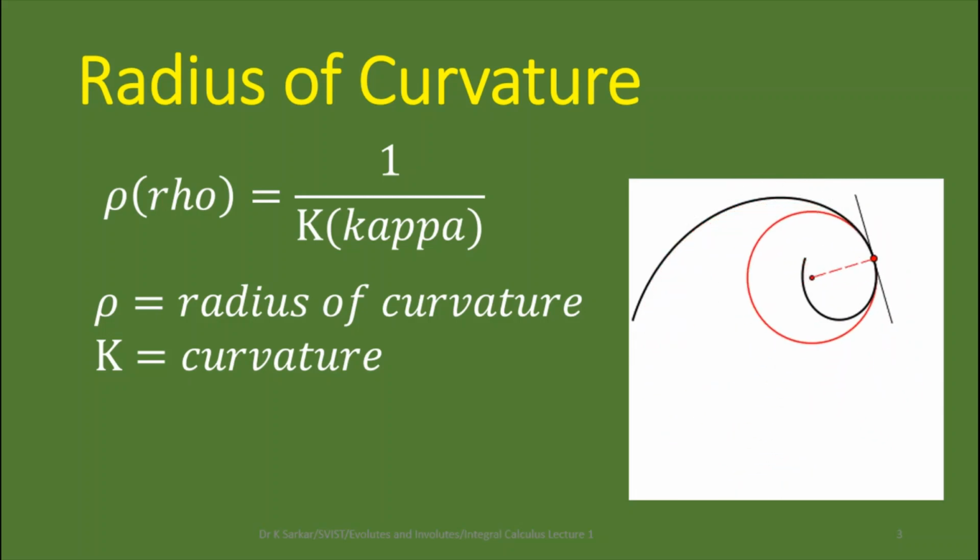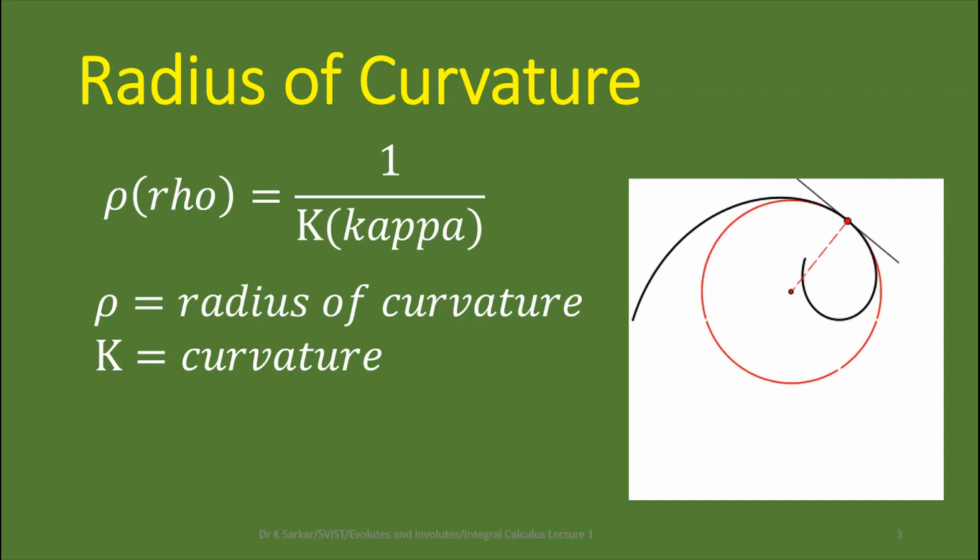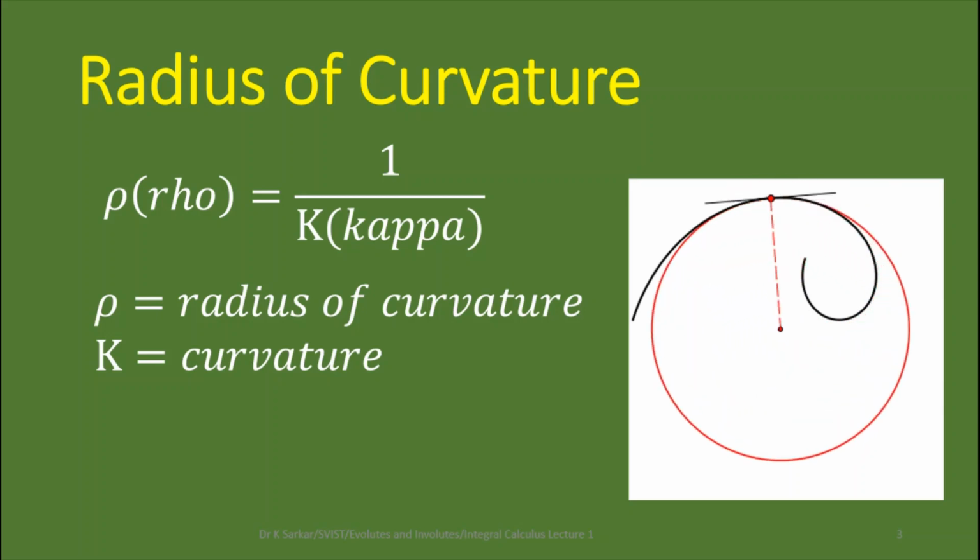So here in the GIF, you see that the red circle is called the circle of curvature and the distance between the center and the point on the circumference is called the radius of curvature. Let us try to understand.